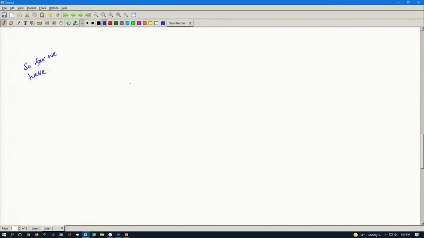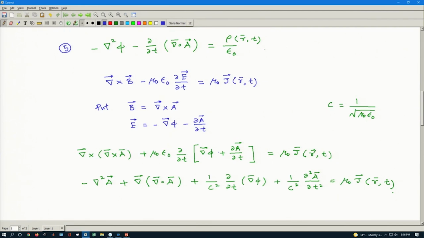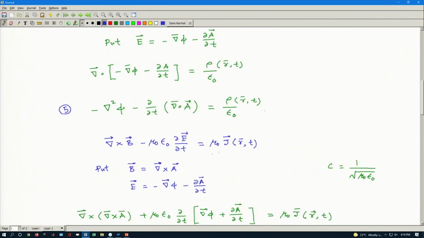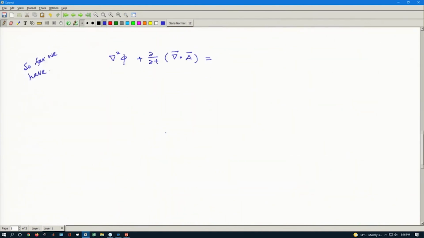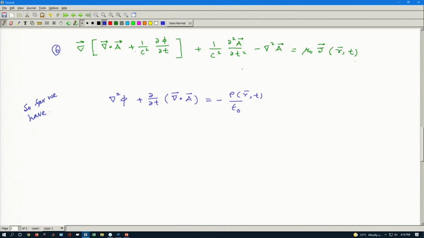We have one equation which is grad square phi plus del t, then divergence of A, that is equal to minus of, because I take this negative sign, minus of rho as a function of r and t divided by epsilon naught. That is one equation I get as equation 5, and equation 6 what I get is this one.